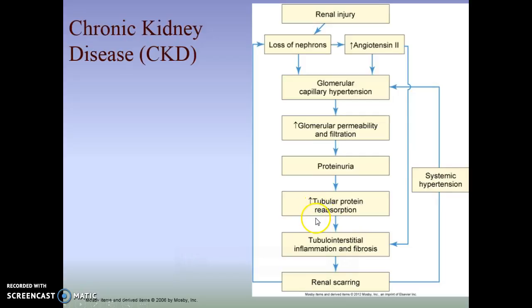You have increased tubular protein reabsorption, tubulointerstitial inflammation, fibrosis, renal scarring. That leads to systemic hypertension, which leads to glomerular capillary hypertension. All right, the renal scarring leads to the loss of the nephrons. So you see how once this renal injury activity starts, you get this negative cycle, so to speak.